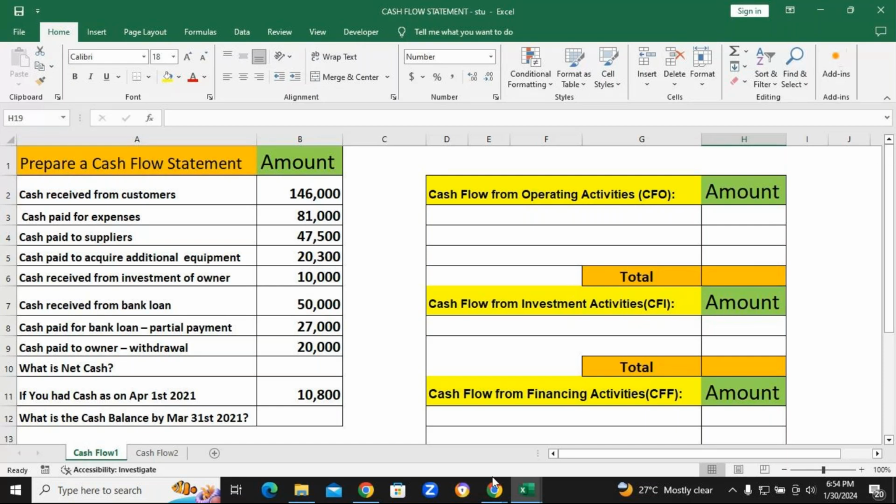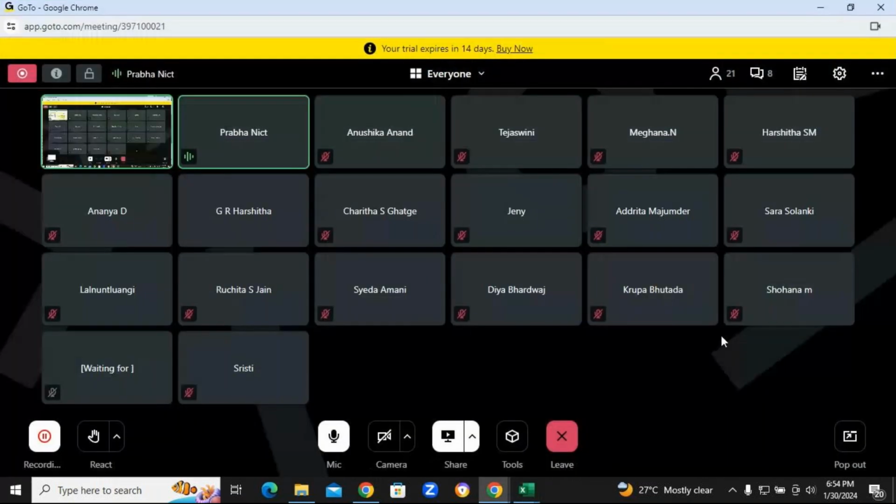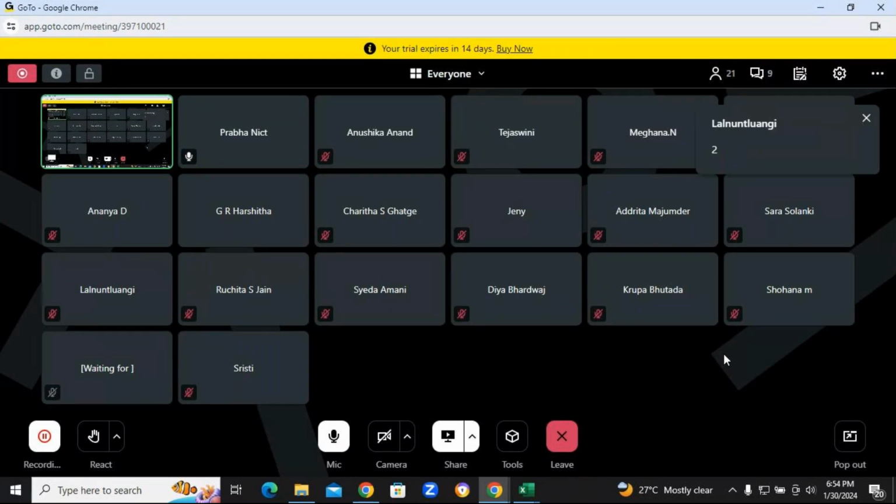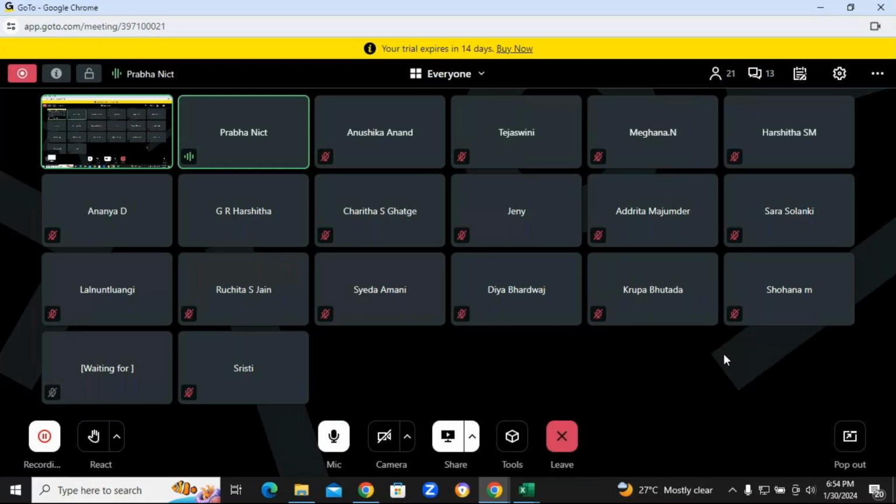If you people have downloaded, type in 2. Okay, what about the other people?